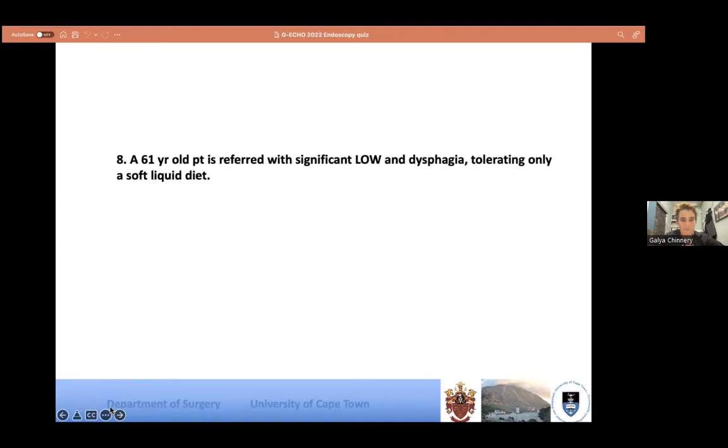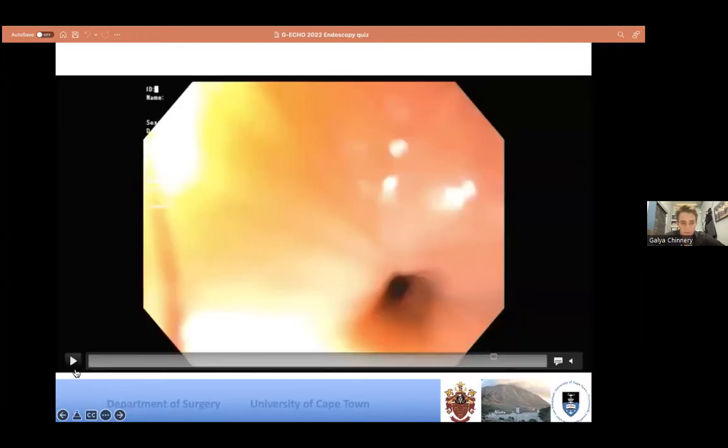Okay. Now you are scoping a patient who is early 60s, and the history is significant loss of weight as well as dysphagia. And the patient reports tolerating only a soft liquid diet. Now let's take a look at the scope.